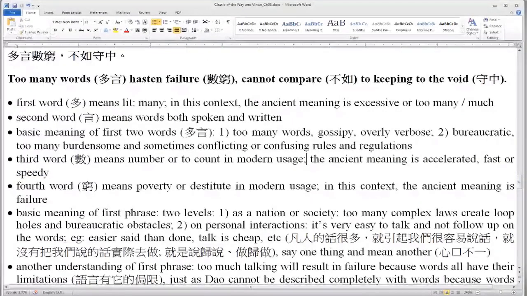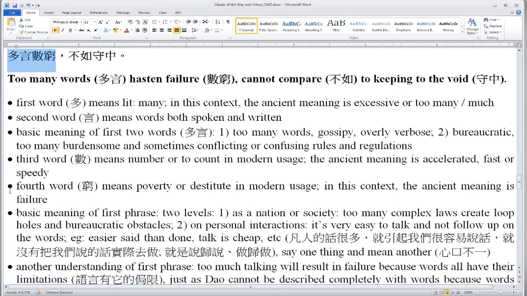It means accelerated, something speedy, fast. Most times if you just look in the dictionary, it would translate it as counting, which is not correct. A lot of translations are not that good because they don't know the ancient meaning. There's an ancient meaning to actually all four words.